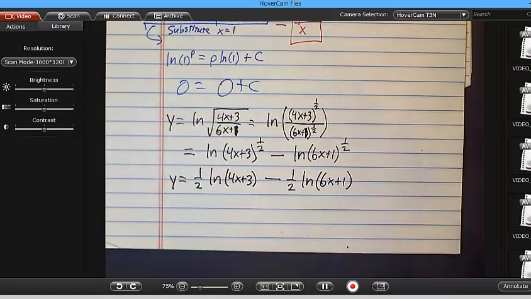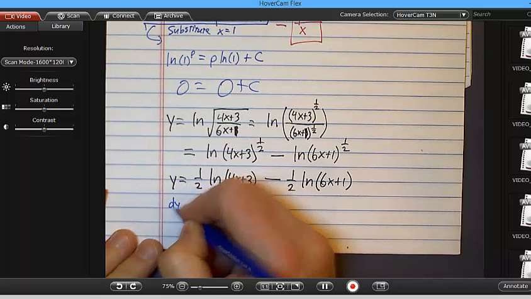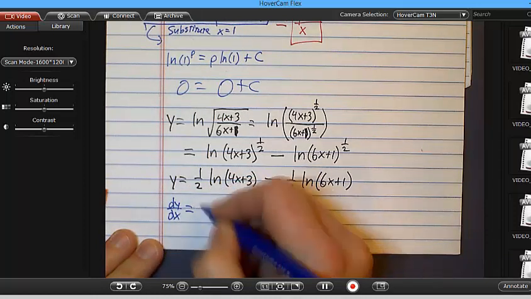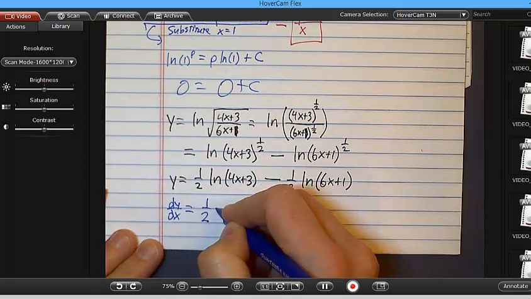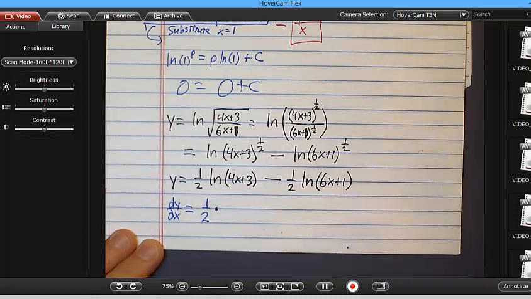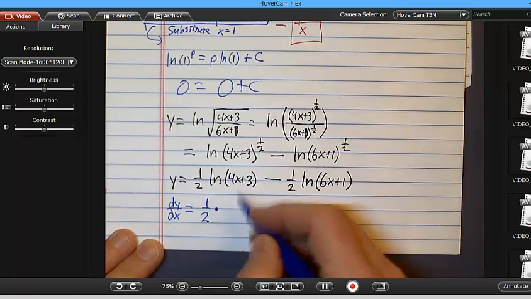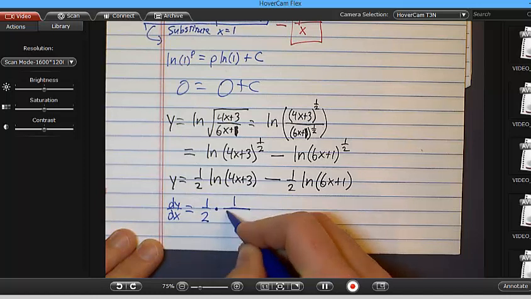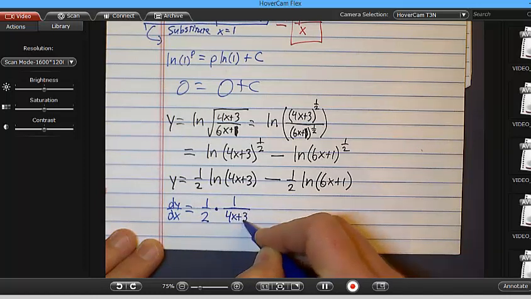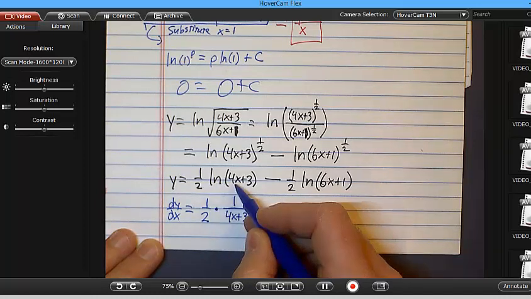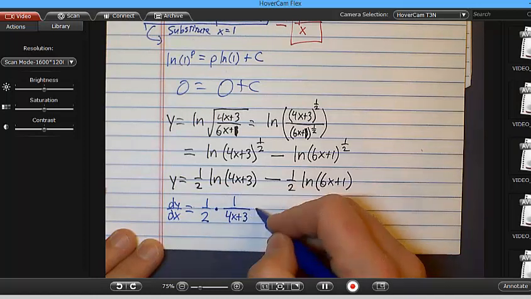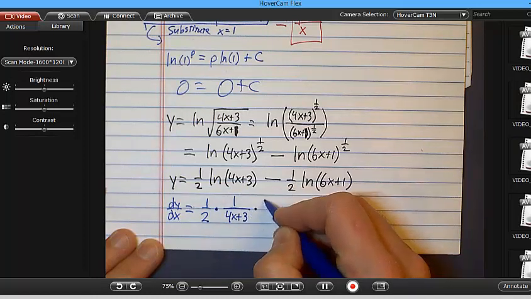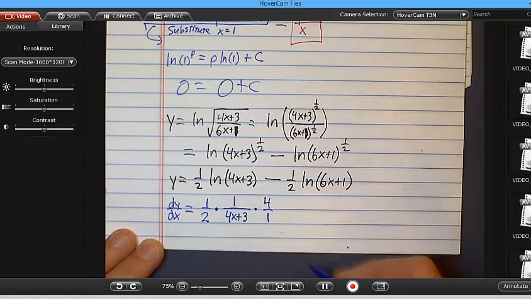Let me work it out. dy dx equals 1/2 times, now let me do the first one here. It would be 1 over 4x plus 3, because it's always 1 over u, times du dx, so times 4, right?